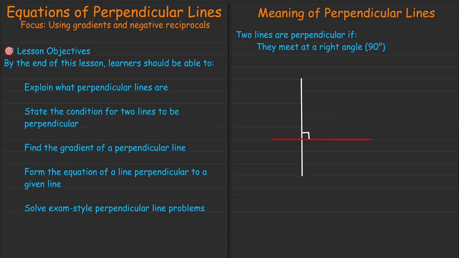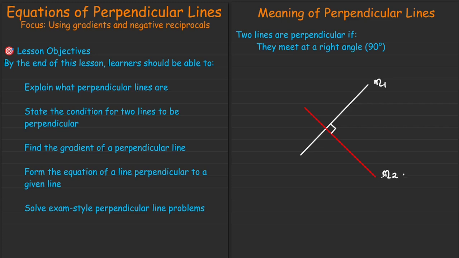What are these features? So to look at these features, let's let the gradient of this line, that is the one in white, be M1. So I'm going to write that as M1. And then the gradient of the red one is going to be M2.